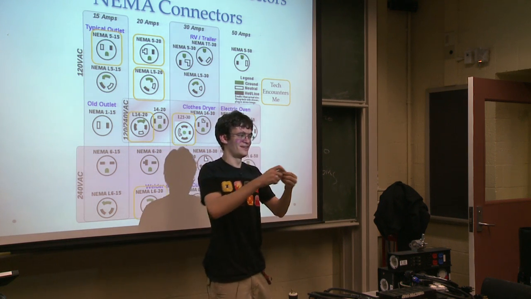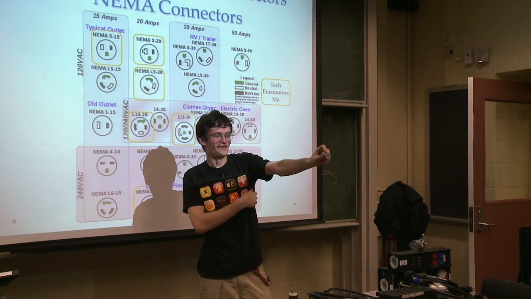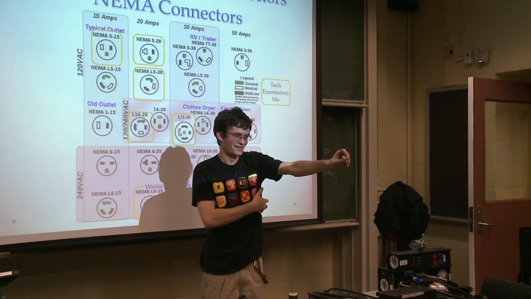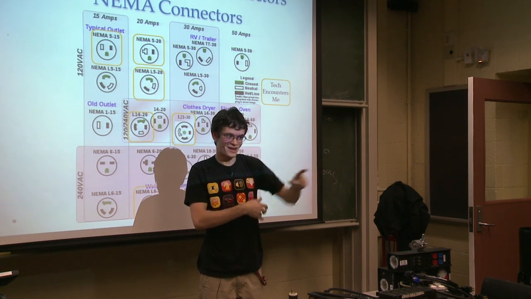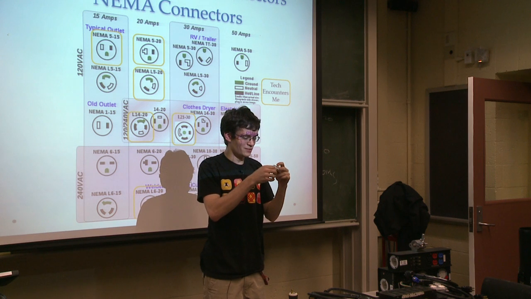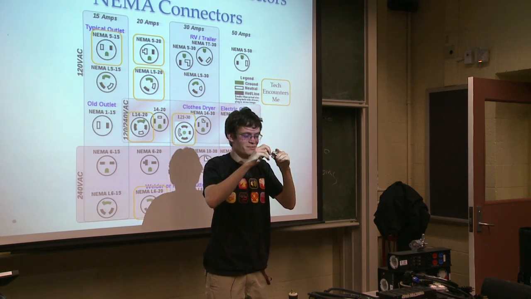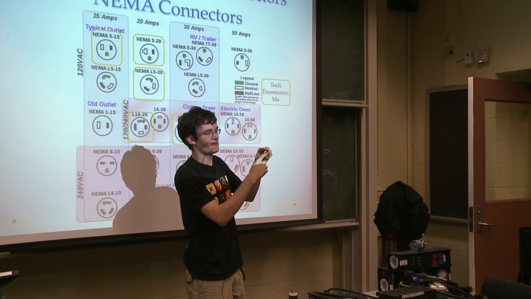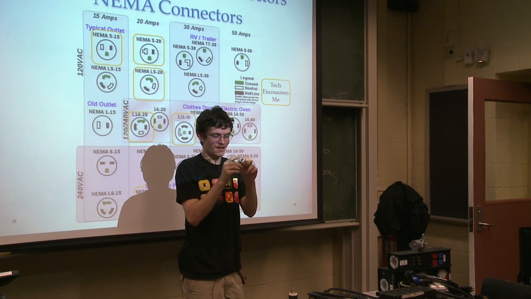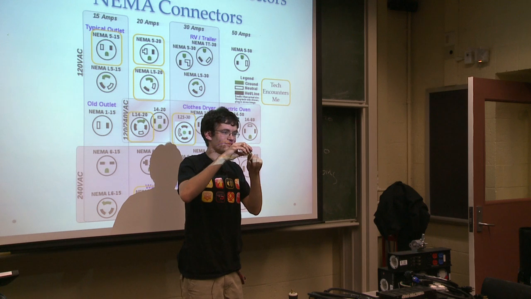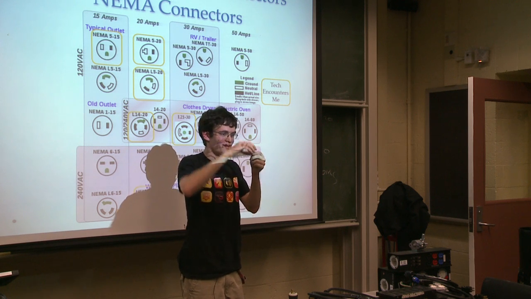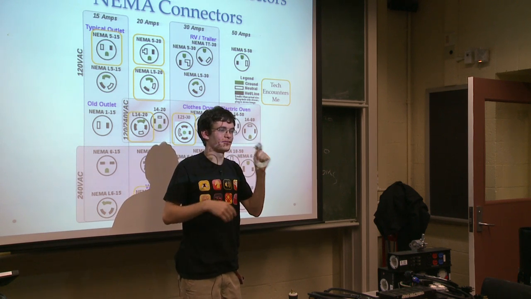This guy, 515 female, 115 male. Useful, but bad. Not entirely bad. If you look really closely, you'll notice there's a little copper thing coming out the bottom. That's actually hooked up to the ground. If you're using these correctly, you plug it in and screw the ground screw on the wall plate through this hole so you have a proper ground connection.